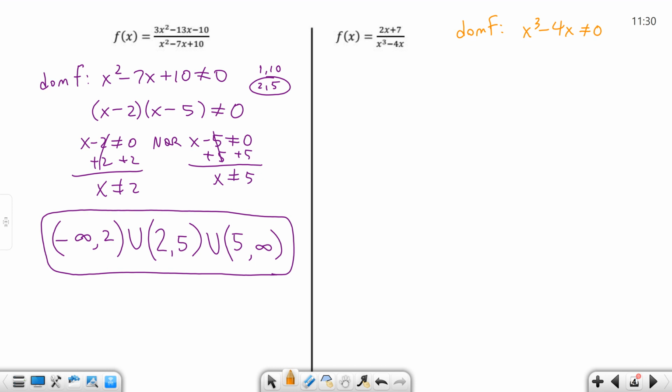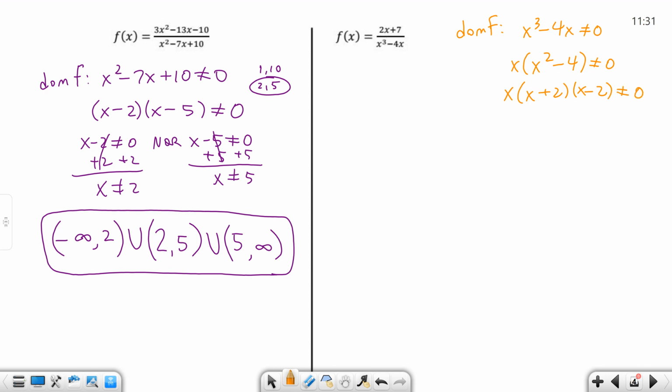So here, this has got to be factored. Do I have a GCF? I do. So let's take it out. We get x squared minus 4 equals 0. And then I say, okay, this 2 says the power is bigger than 1, so try to keep factoring. This is a difference of squares, so x plus 2, x minus 2, and don't forget the x out front.